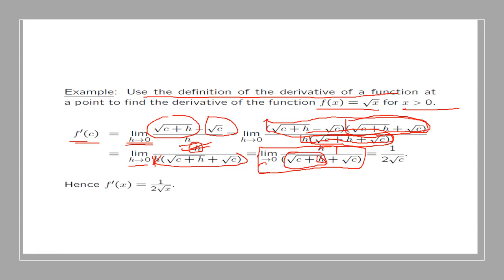This does not depend on h, so it will remain root c. So you end up with 1 over root c plus root c, which is 1 over 2 times root c. So for x bigger than 0, the derivative of f at x will be 1 over 2 times root x.